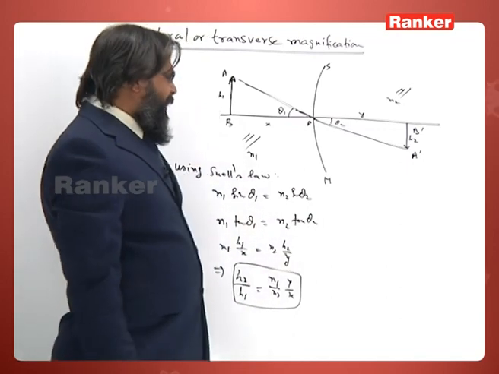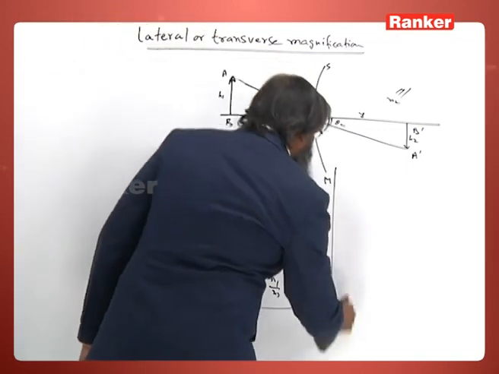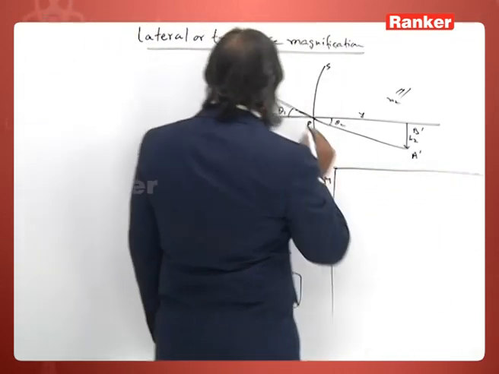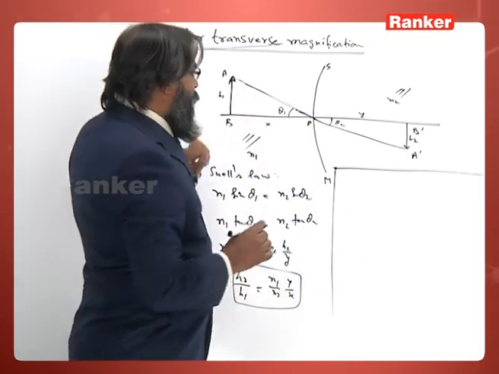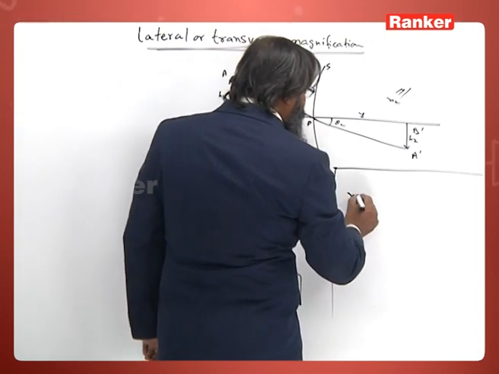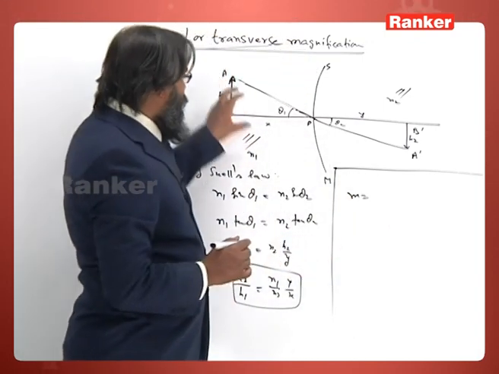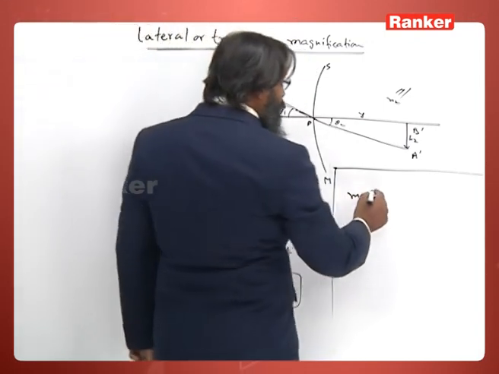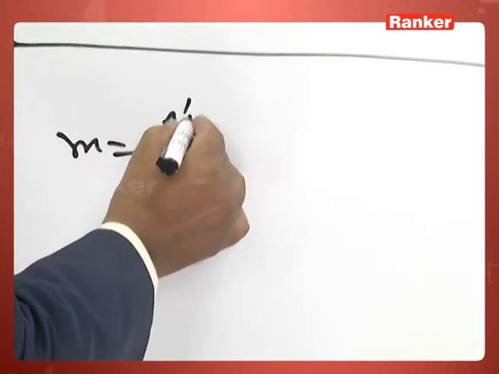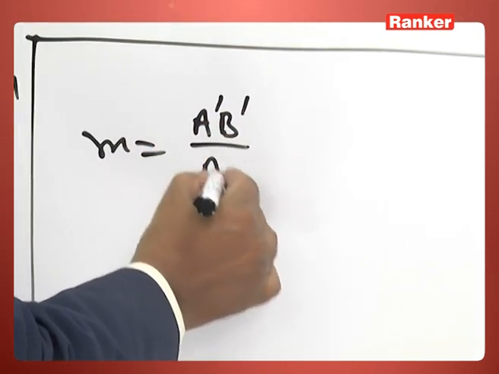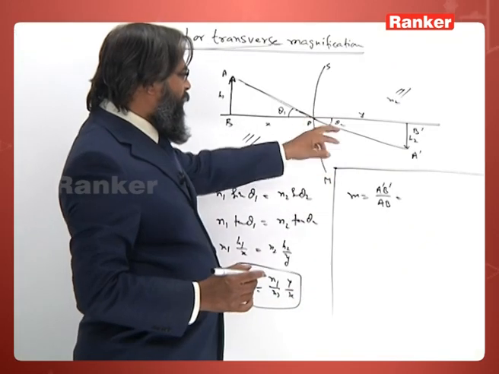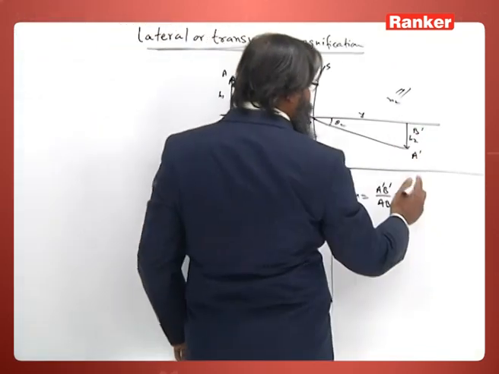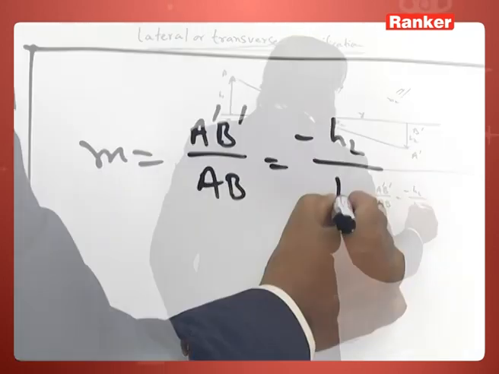Now, let us use our definition of lateral or transverse magnification. We define lateral or transverse magnification as image height A dash B dash by AB. So, in terms of sign convention, this is h2 and this is h1.